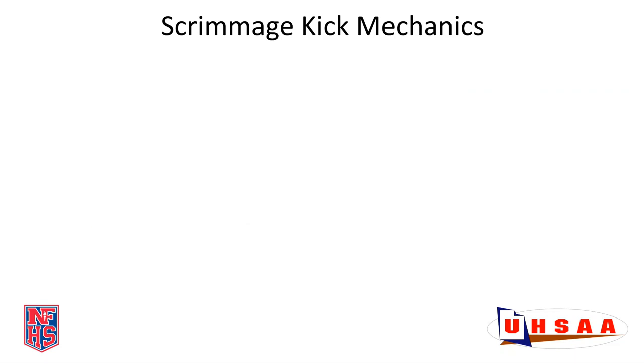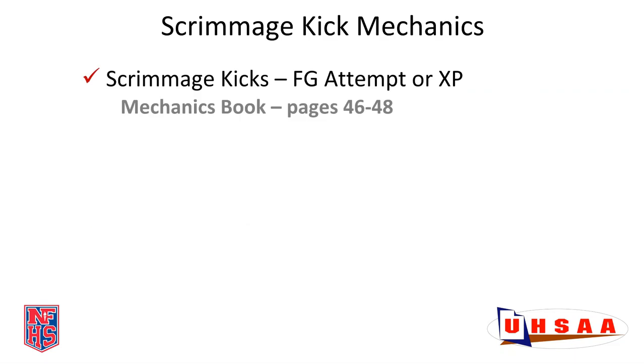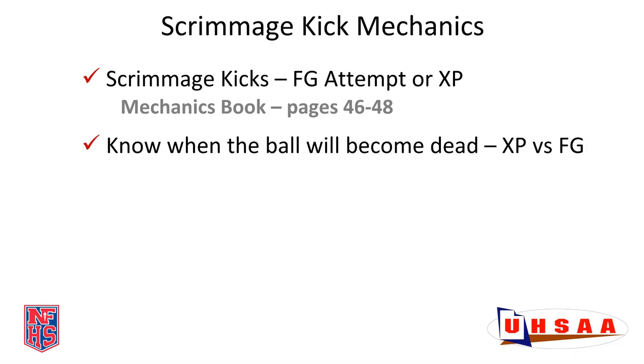Let's spend some time talking about scrimmage kick mechanics. Basically, where you can find them for a field goal attempt or an extra point is in the mechanics book on pages 46 to 48. But you must know, and the crew must be very familiar with these mechanics and know when the ball will become dead on an extra point versus a field goal. And this is an important signal to prepare for.